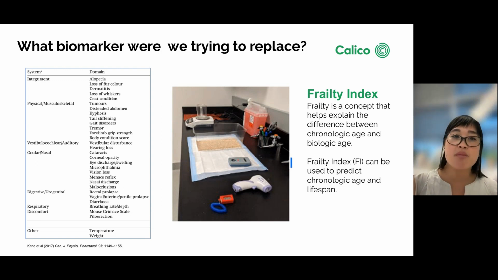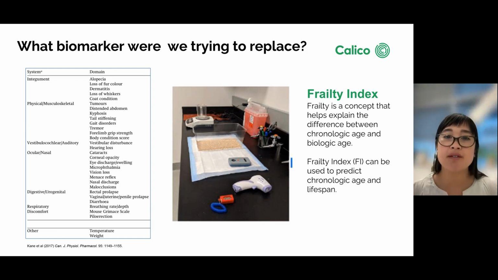And as you can see, there's a number of systems that are described with various observations that you could note during an exam. And it's really a concept that helps explain the difference between chronological age and biological age, and it could be used to help us predict lifespan, essentially.